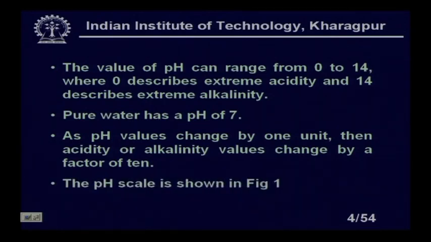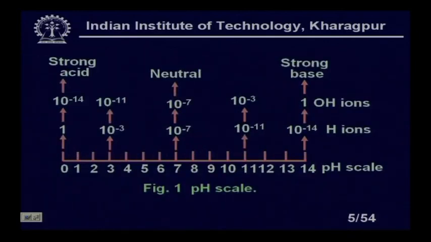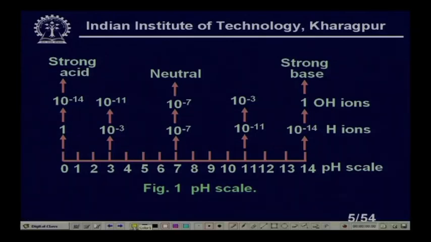The pH scale is shown in figure 1. You see here, this is 0, strong acid, and this is a strong base. Base and alkali, as you know, are the same thing, and pH 7 is neutral.